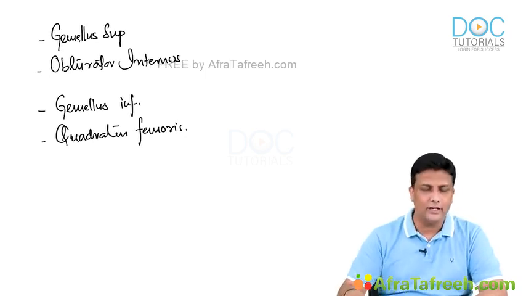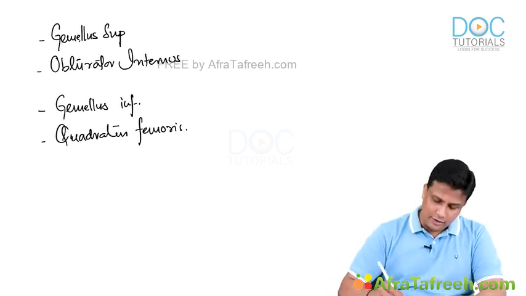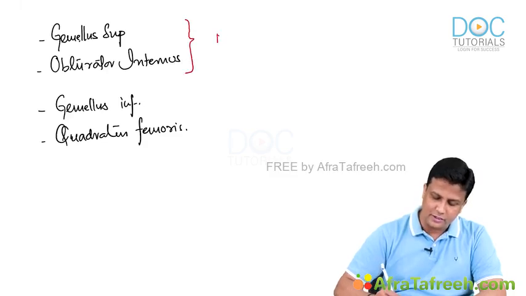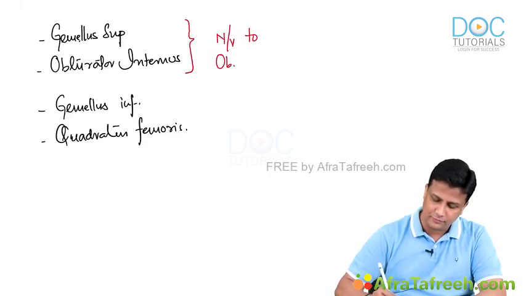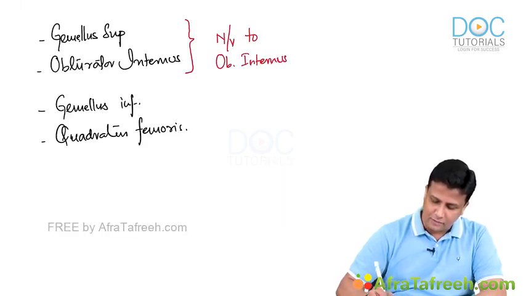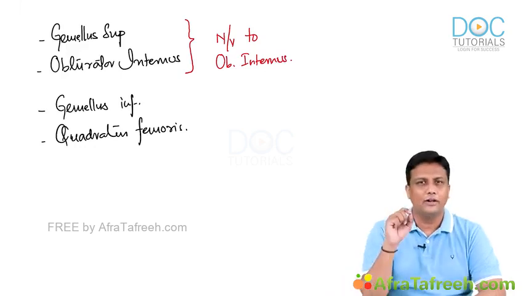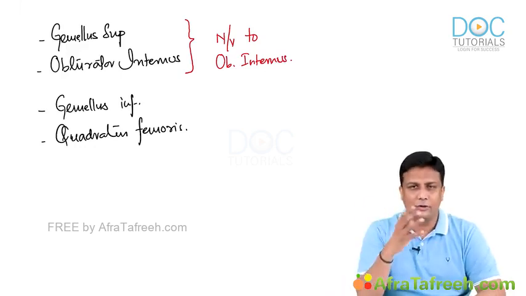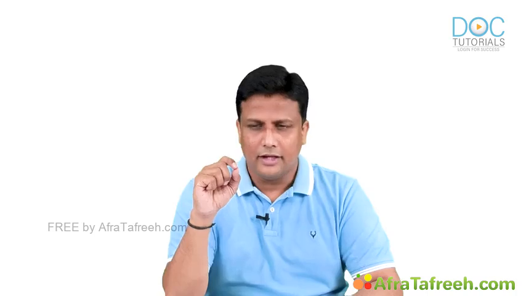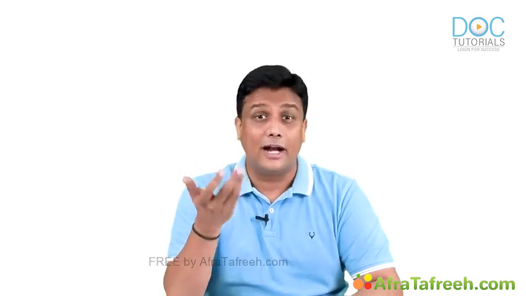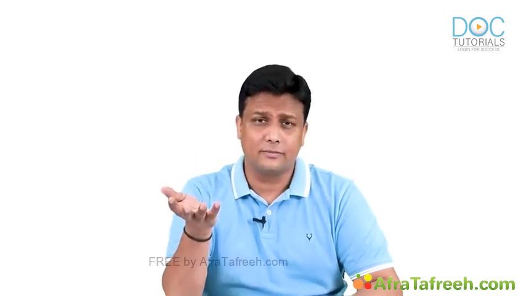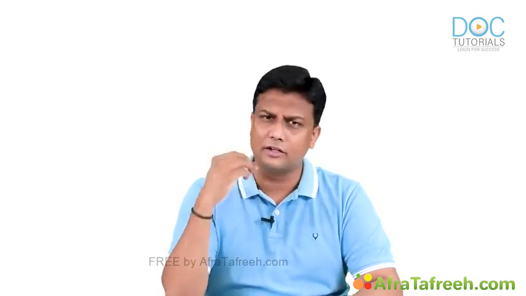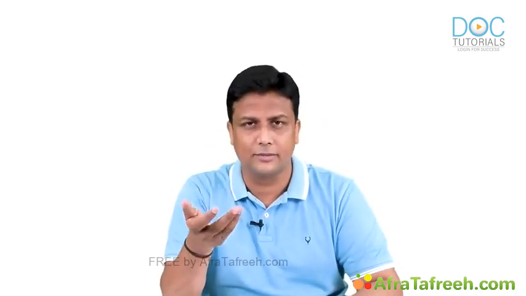Let's follow the same table. The next thing to write down is nerve supply. Nerve supply is so easy here: gemellus superior and obturator internus, these two are supplied by the nerve to obturator internus. The name of the nerve itself is nerve to obturator internus. I think you people have watched the upper limb videos along with me. In the upper limb also there is a nerve supplying latissimus dorsi, nerve to latissimus dorsi. There is a nerve supplying the subclavius muscle, nerve to subclavius. The name itself is nerve to subclavius.